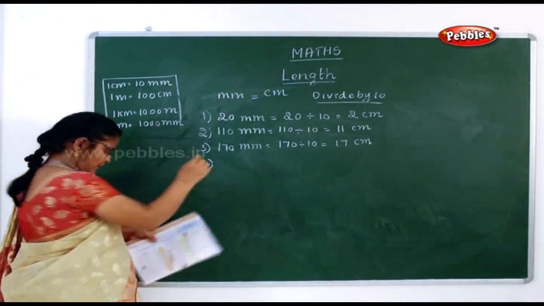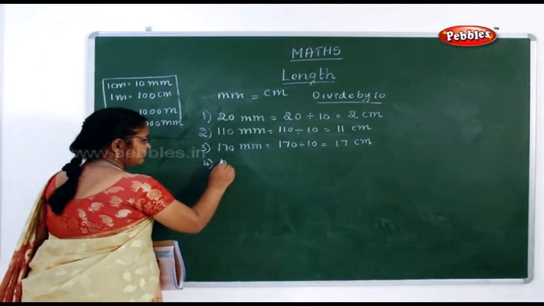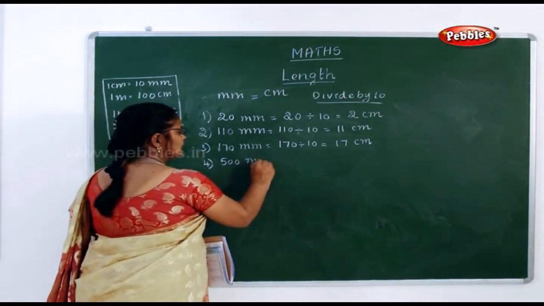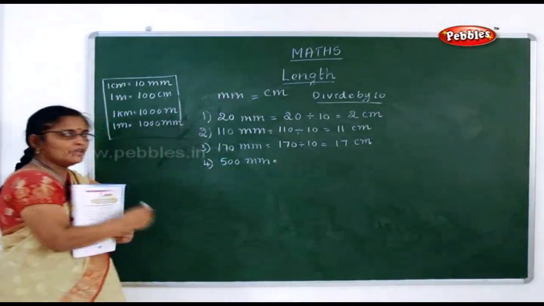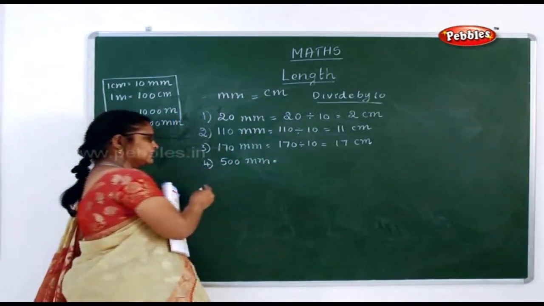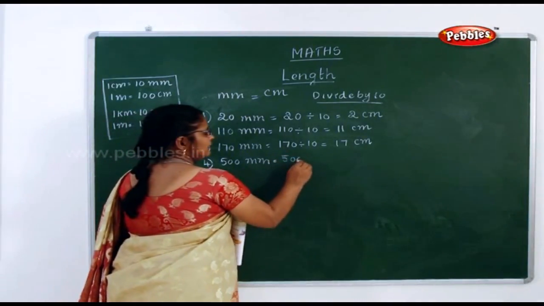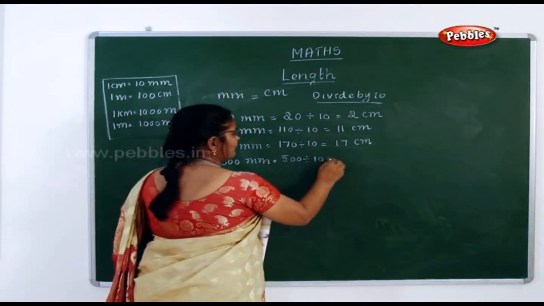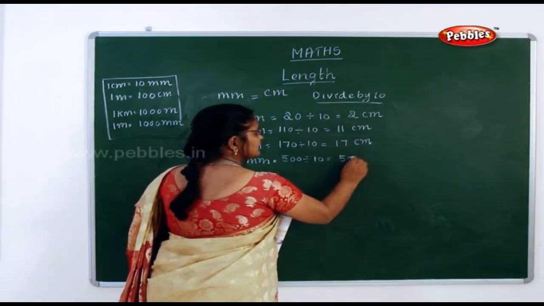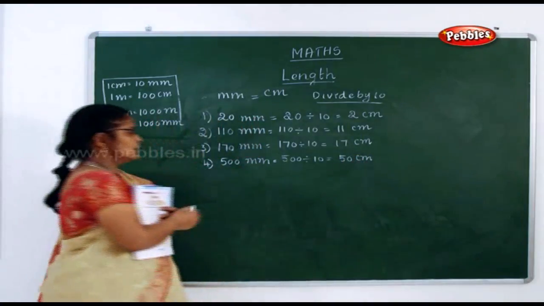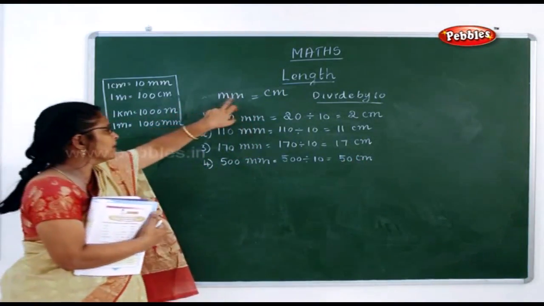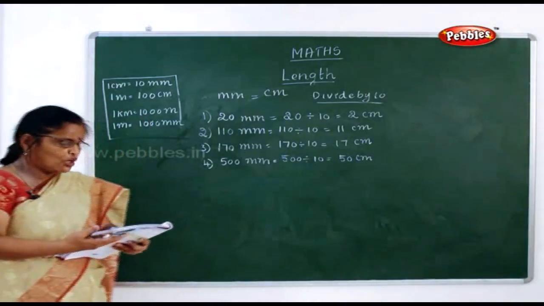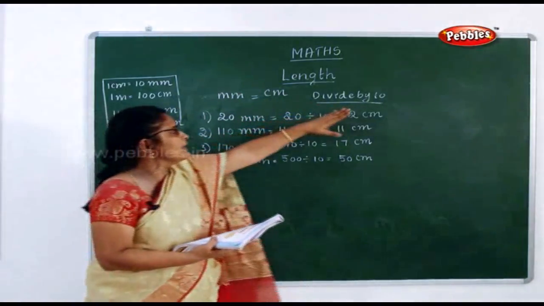Now what is the fourth one they have given? 500 millimeter. How will you do this? Yes, 500 divided by 10. Now what will you get? It is 50 centimeter. So when you want to convert millimeter into centimeter, you have to divide by 10.